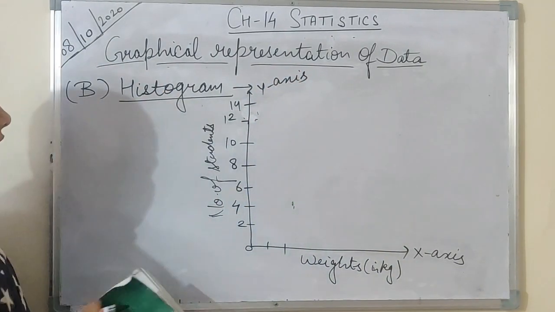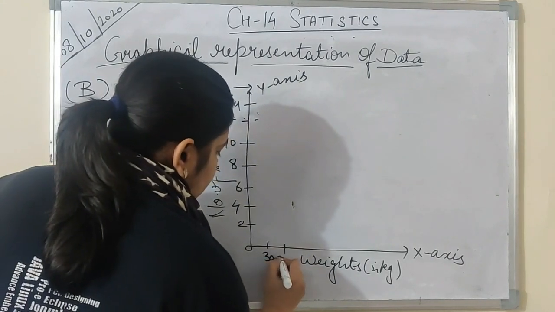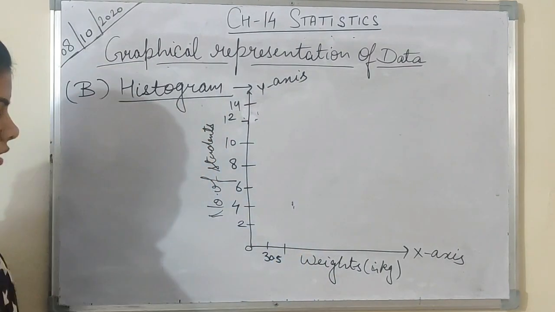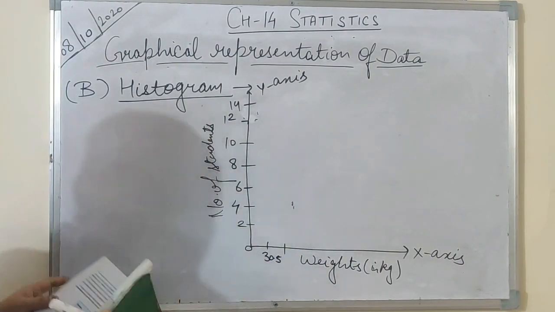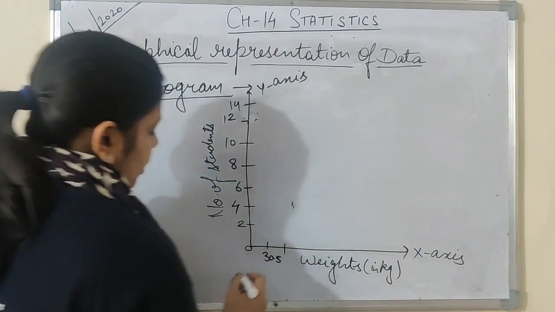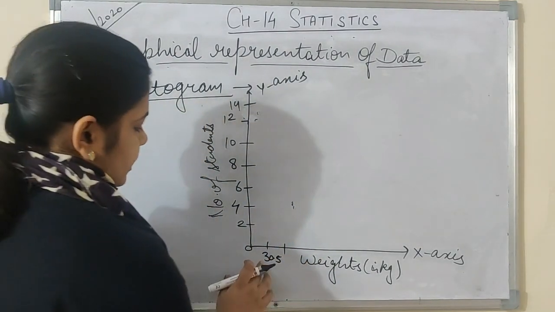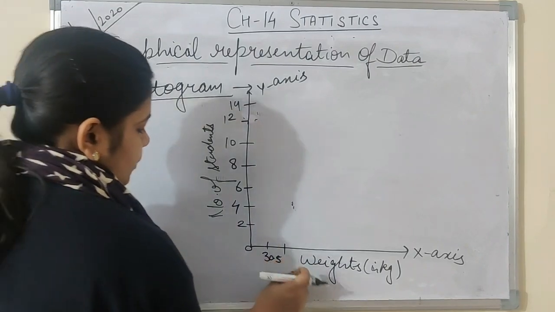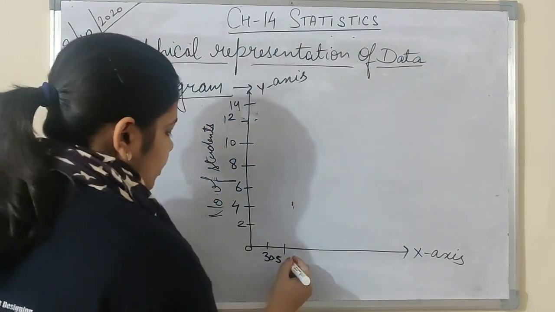After that, here you will mark the gaps according to the lower limit of the interval. So first it will be 30.5, then after 30.5 what will come?